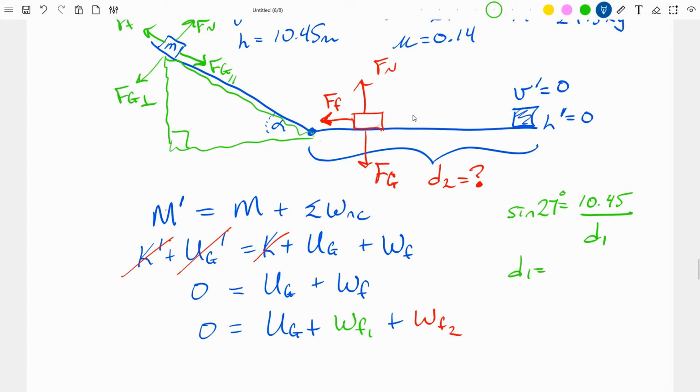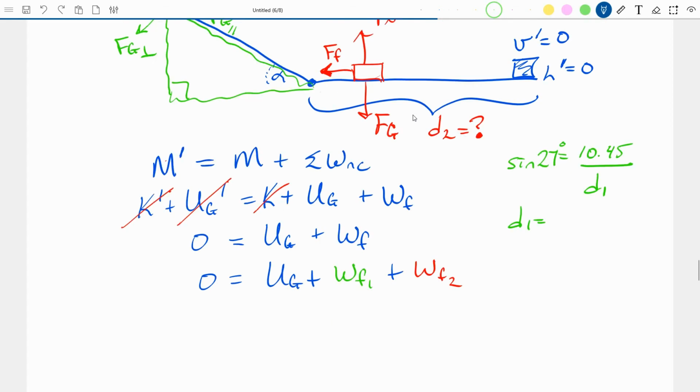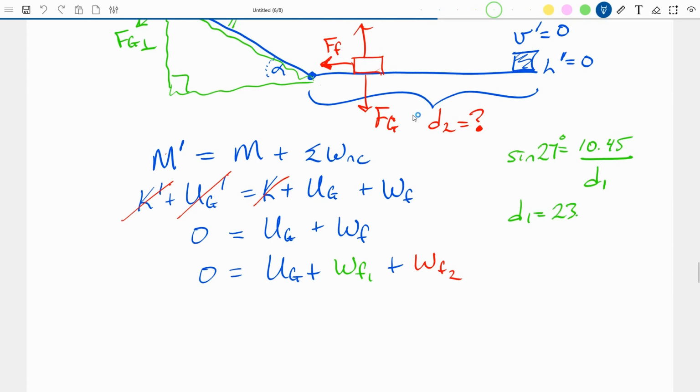Yeah, so the distance moved in part 1, I'll just compute this in one shot. That would be 10.45 divided by the sine of 27. So 23 and a bit. 23.018 meters. Yeah, there we go. 23.018 meters, 5 sig figs, my usual preference.